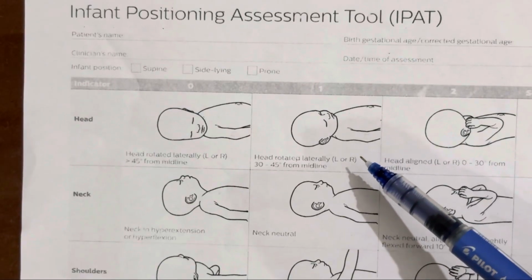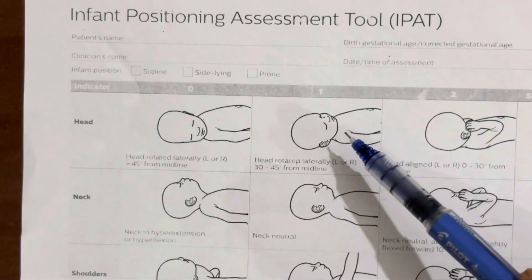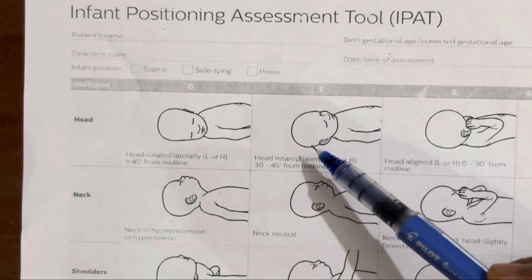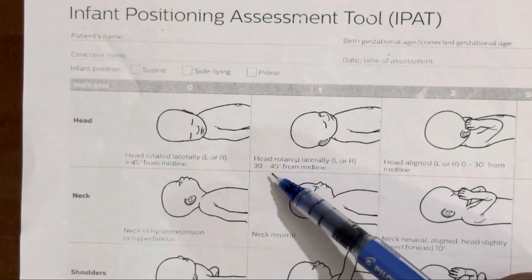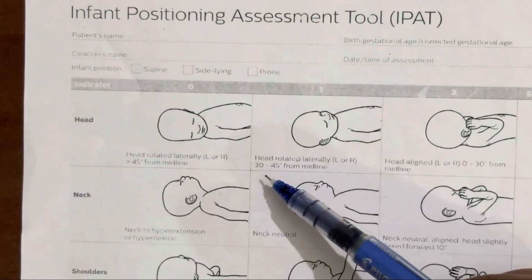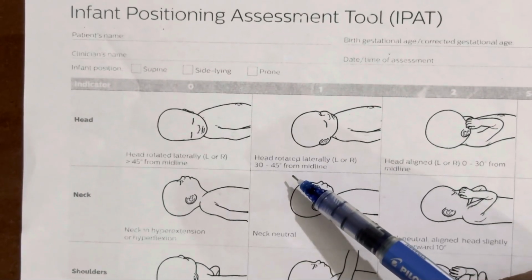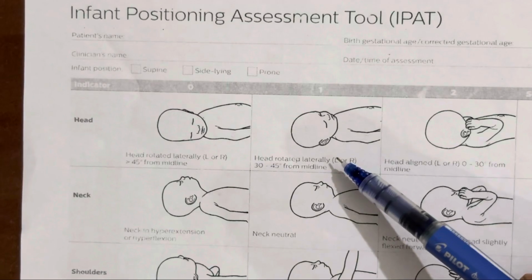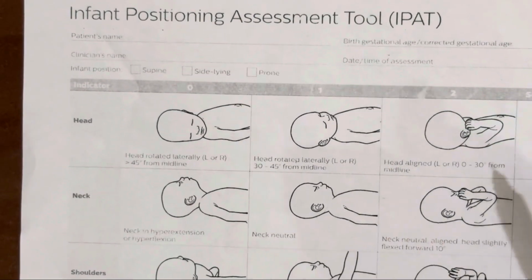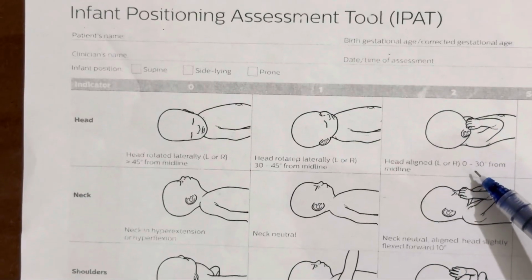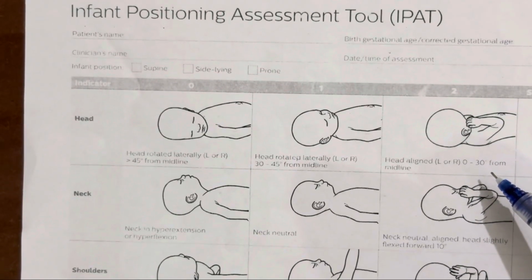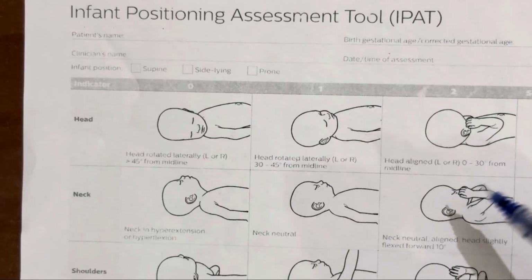Then we come to the next position. In this, the head is neither in the midline nor totally tilted laterally. The degree of deflection of the head is 30 to 45 degrees, so you can give the score 1. And here you can see the head is aligned left or right 0 to 30 degrees from the midline.